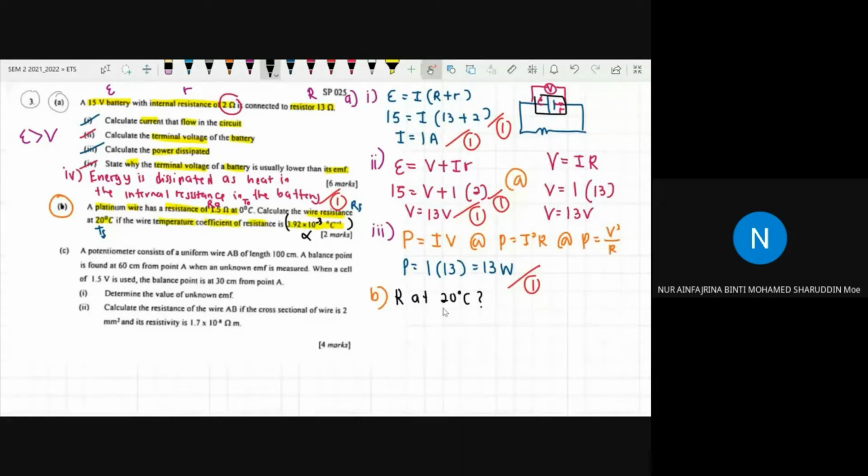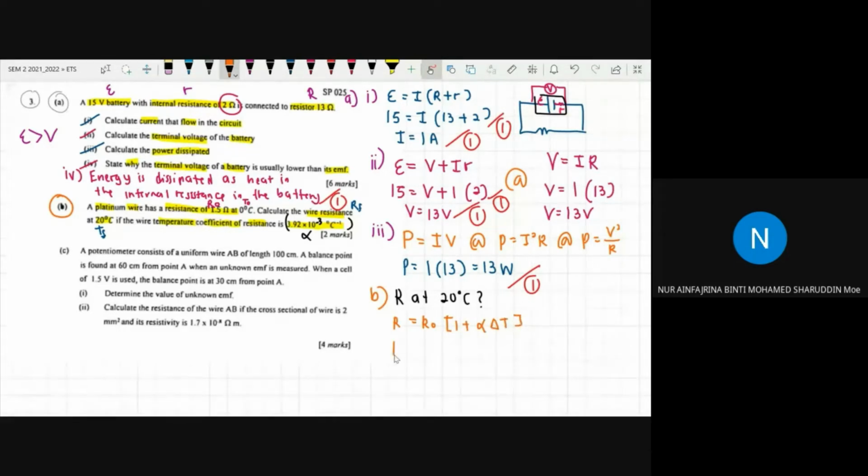Korang pakai formula apa untuk cari R dia? R equal to R naught bracket 1 plus alpha change of temperature. Very good. R equals to R naught 1 plus alpha change in temperature.